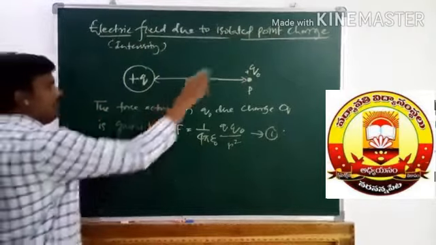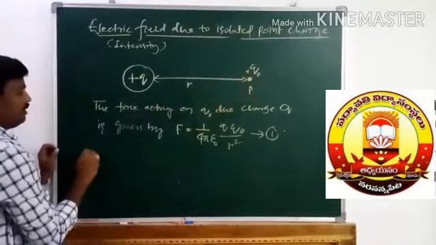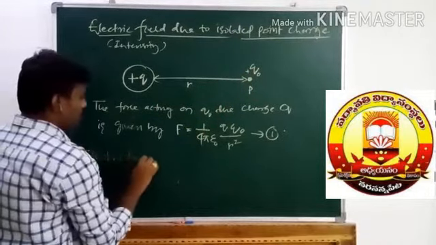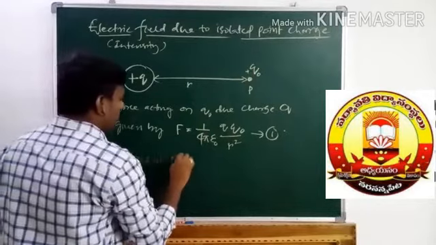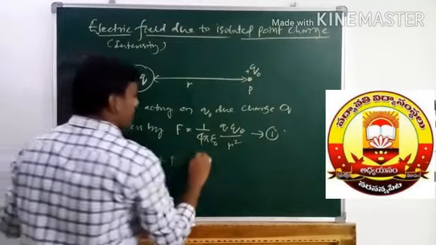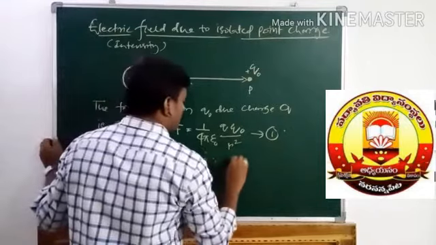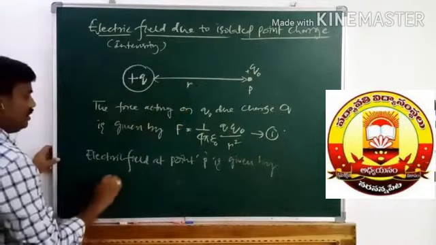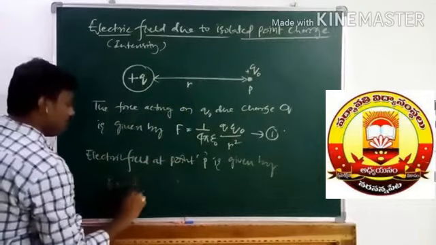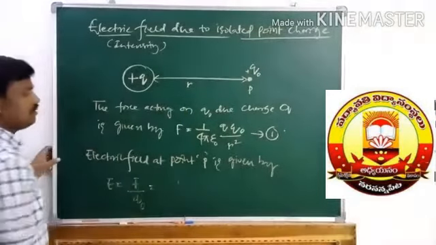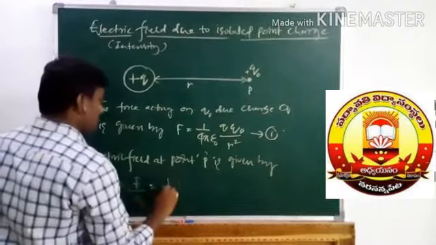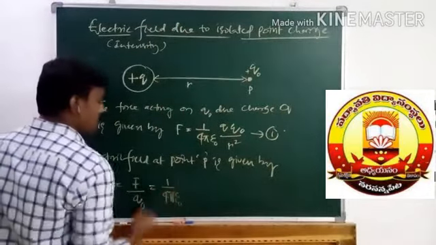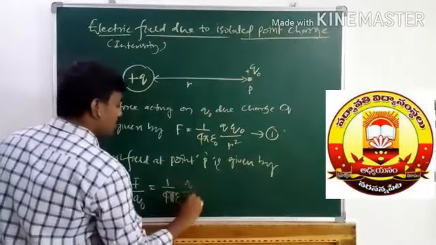Then electric field at this point P is given by E equals F by Q naught, which equals 1 by 4 pi epsilon naught Q by R square.